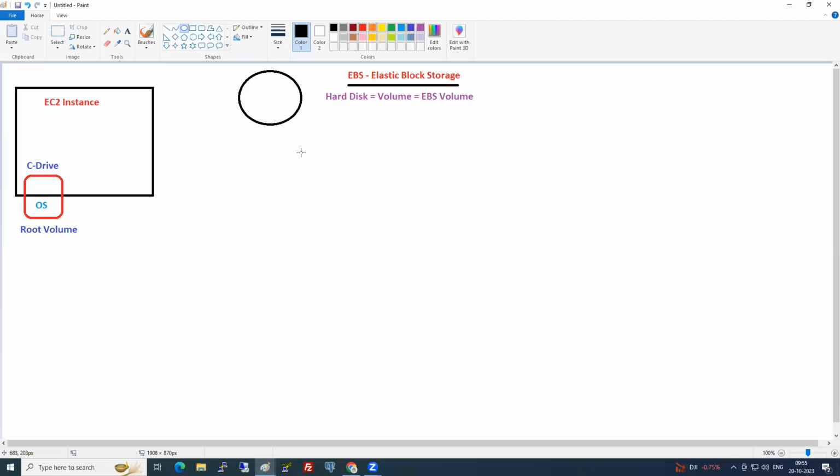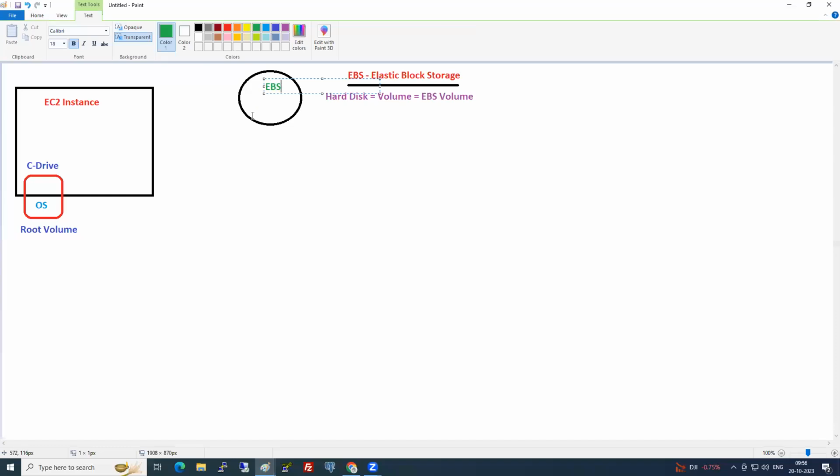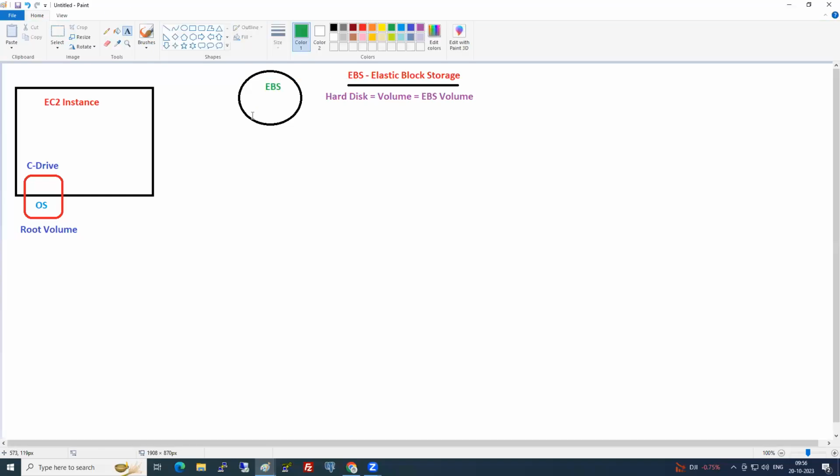Because volumes are created centrally in one location. What is that? EBS, elastic block storage. Let's say, for example, I have the C drive already. Can I get a D drive also? We need to create a volume. So I create the volume centrally here, and then I attach it.